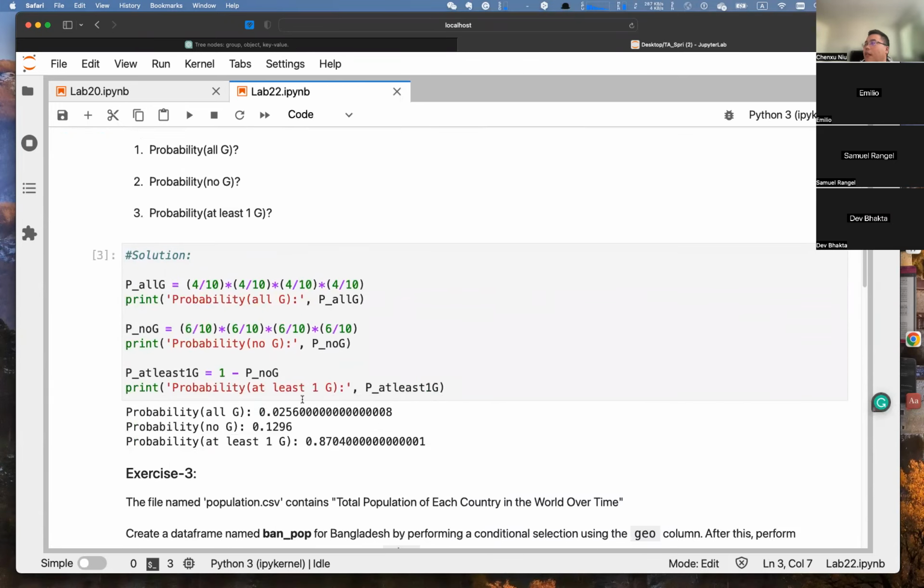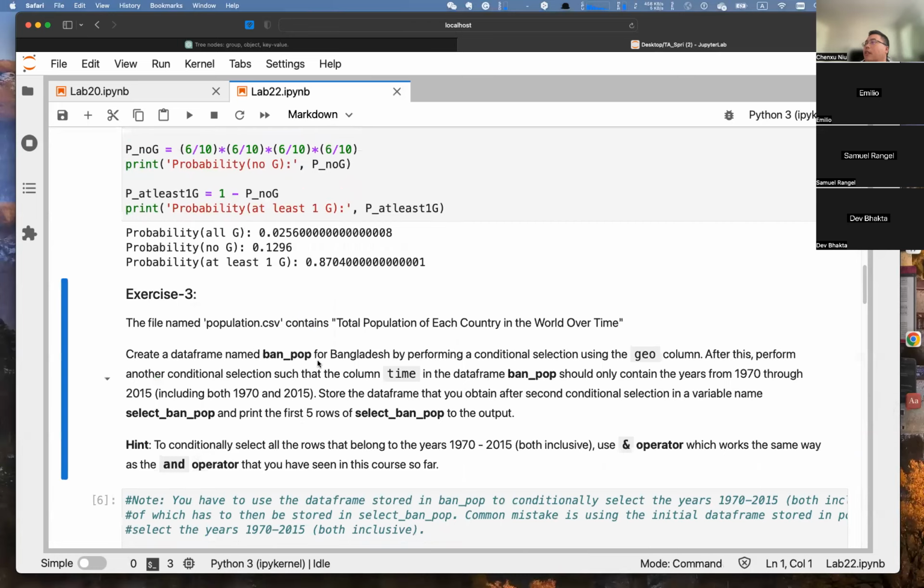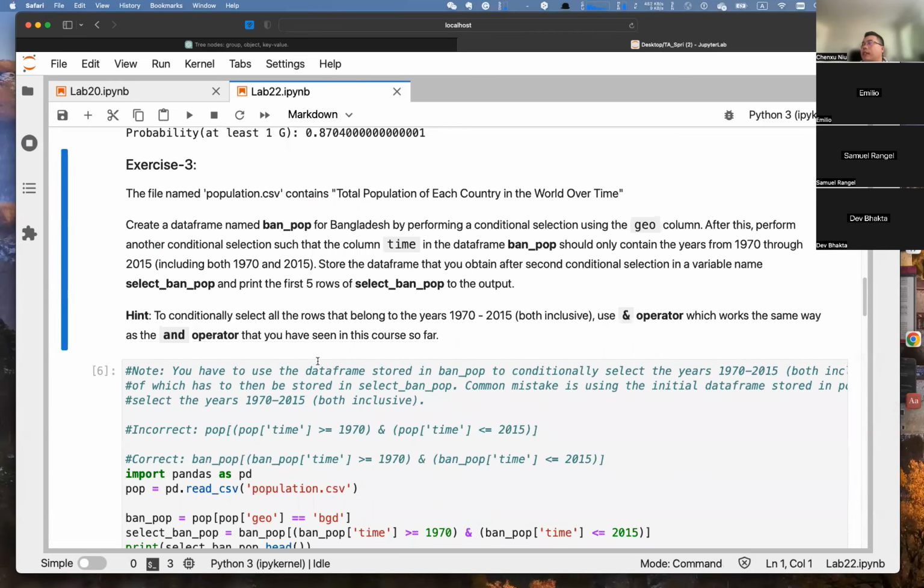Okay, so I need to continue. For the third one, it's really interesting. In this exercise, we need to use the population CSV file. This one contains the total population of each country in the world over time. Create a data frame and we need to perform the first conditional selection.